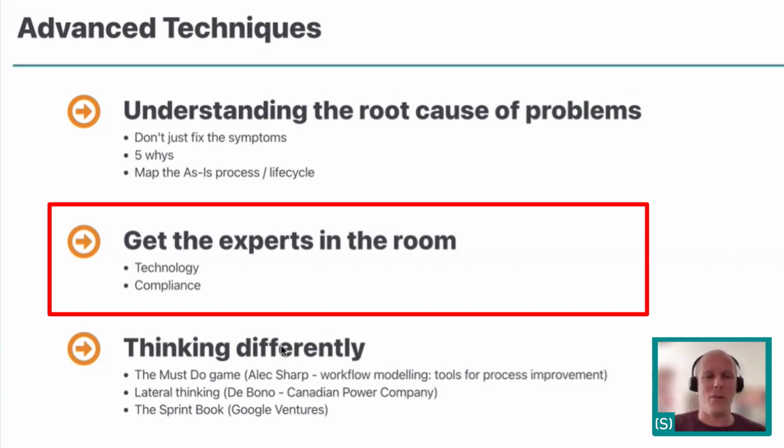One of the dangers of not having them in the room is you've designed this perfect process, and then the technologists try to retrofit your process to the technology they have, which means they can often end up creating ugly workarounds to make stuff that they think you want to do, when actually you might be prepared to make sacrifices in the process for other reasons. So having them in the room just shortcuts that and gets those questions answered straight away.